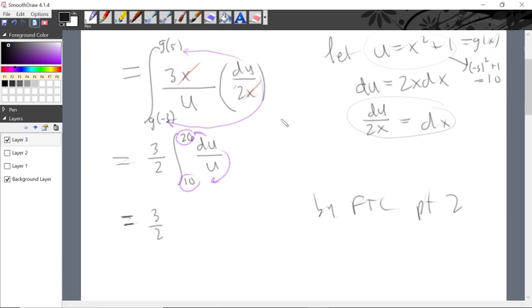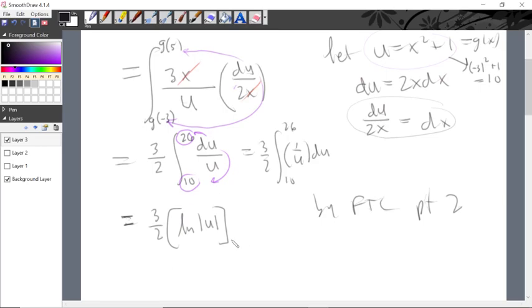We can find an antiderivative of 1 over u, right? This integrand is 1 over u du. So we have 3/2 integral from 10 to 26 of 1 over u du. Okay? And the antiderivative of 1 over u is the natural log of the absolute value of u.